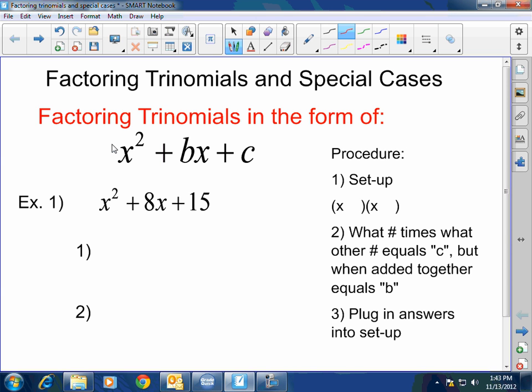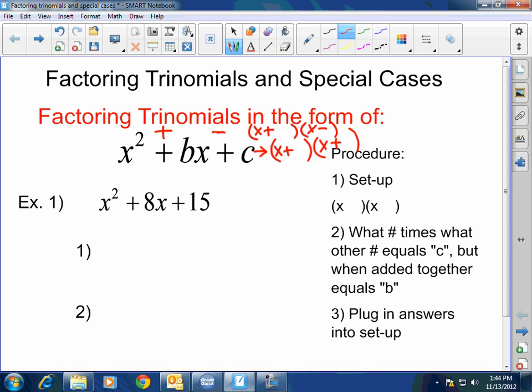When you have a positive and a positive, your answers are going to be x plus something and then x plus another something. But when I've got, for example, a plus b but a minus c, what happens there is that I'm going to have an x plus and an x minus a number. All right?